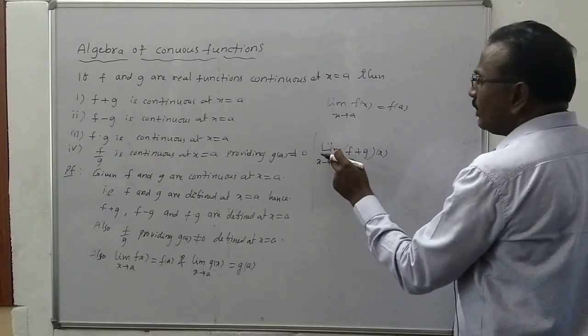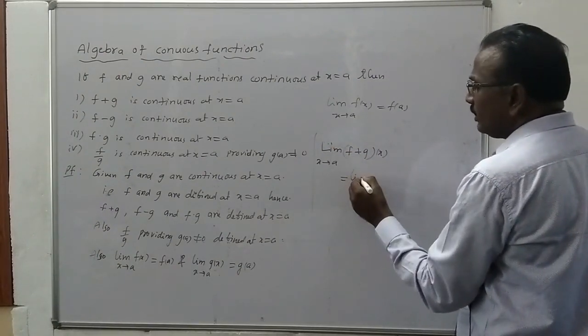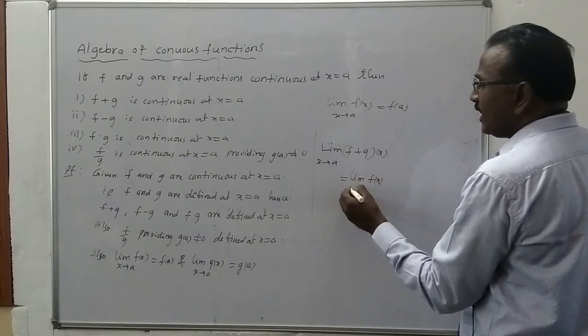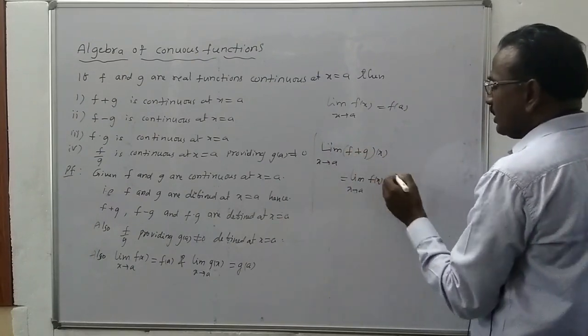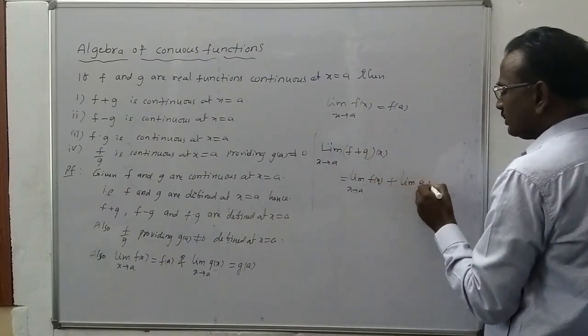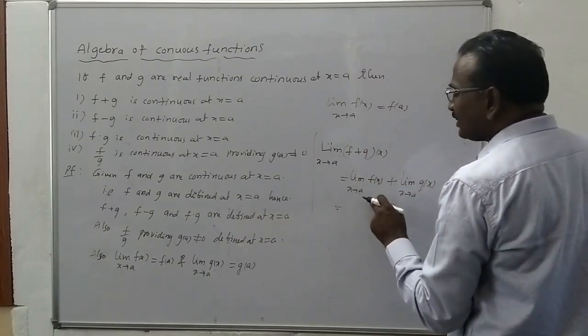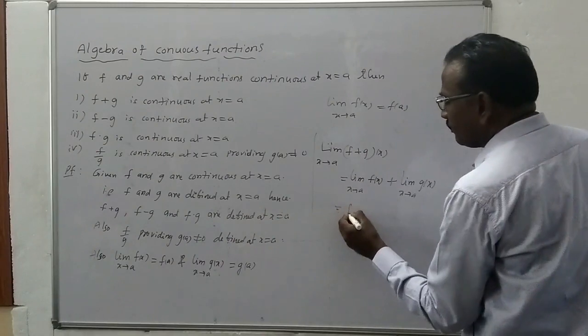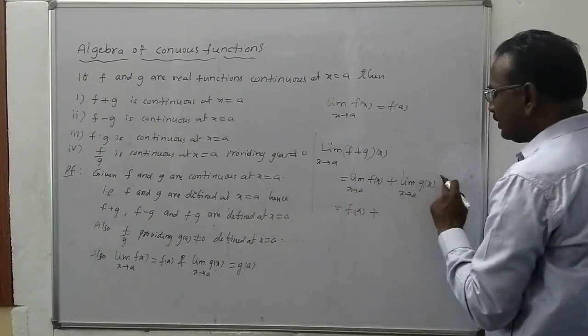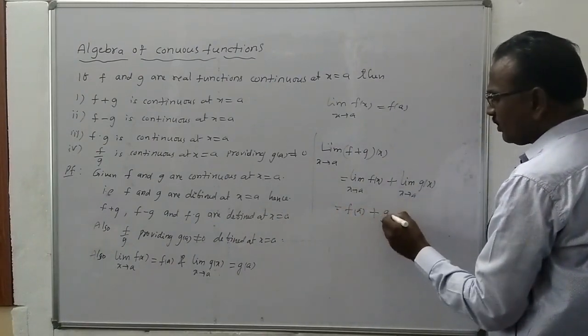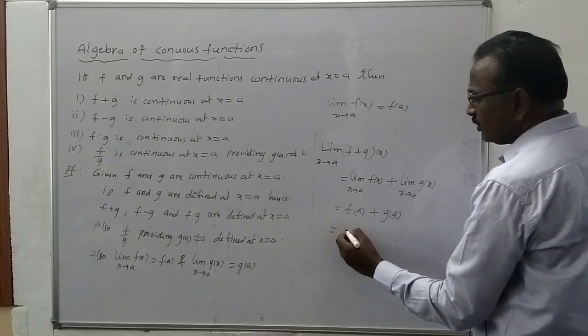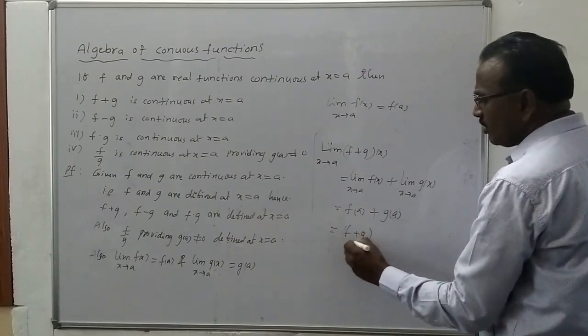By algebra of limits, limit f of x as x tends to a plus limit g of x as x tends to a. Now limit f of x as x tends to a is equal to f of a, plus limit g of x as x tends to a is equal to g of a. Again by algebra of functions, this is f plus g of a.